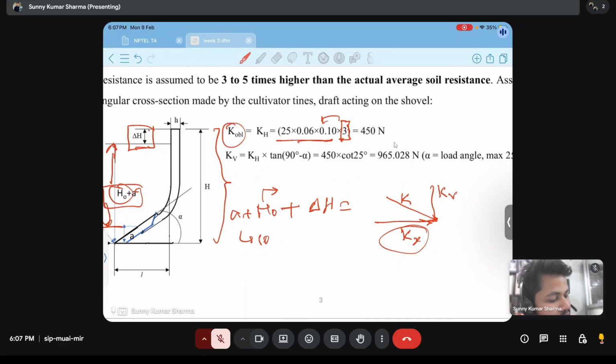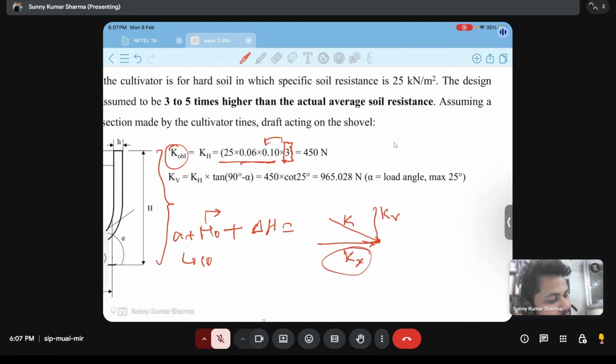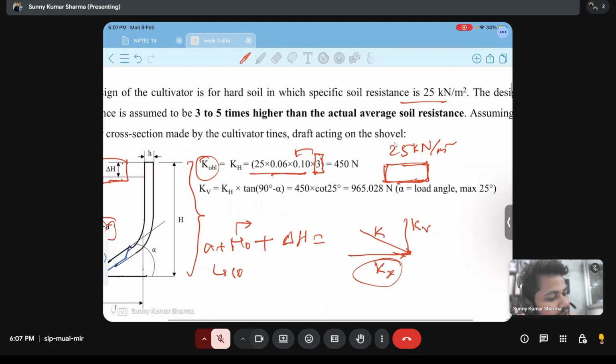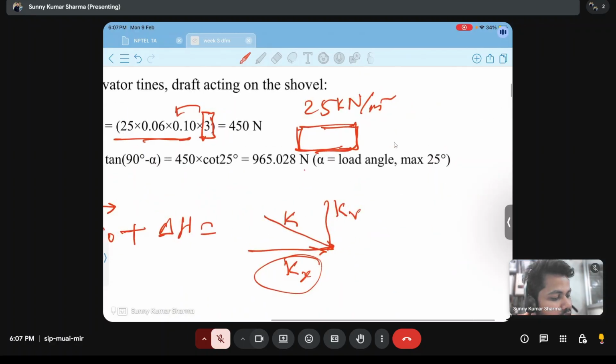And KX force, how we will know? We have specific soil resistance as 25 kilonewton per meter square. So we need to know on what area this force is acting. This cultivator is making a rectangular furrow. So this rectangular furrow has a dimension of working width of the working element, that is 6 centimeter, that is B naught, and it is working at a depth of 10 centimeter.